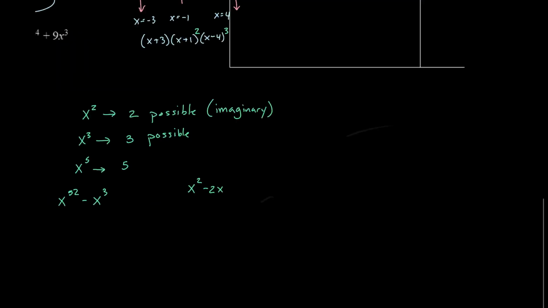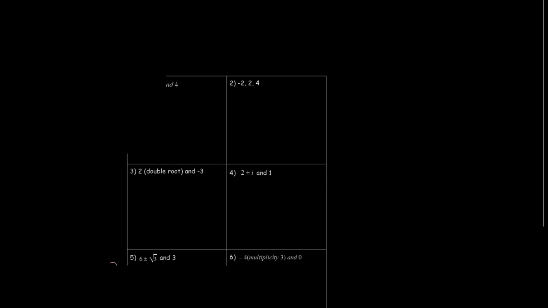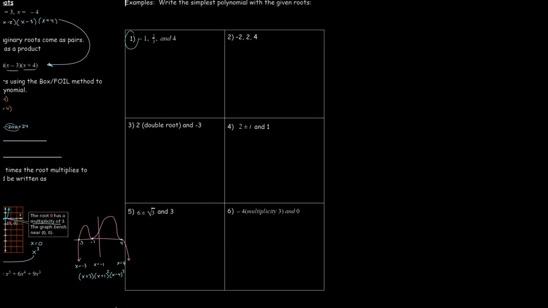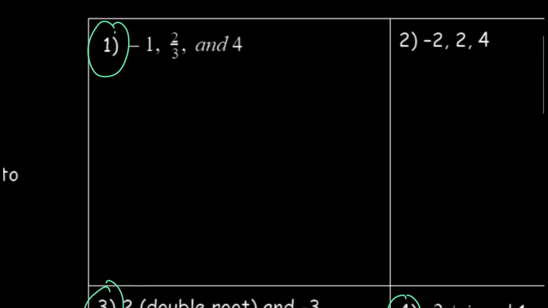All right. Over here on the examples, I want you guys to do 1, 3, 4, and 6. Now, number 1, if you don't want to deal with fractions, what can you do here? At the end, you could multiply by 3, yes, but so I have these roots. How do I then write my factors?